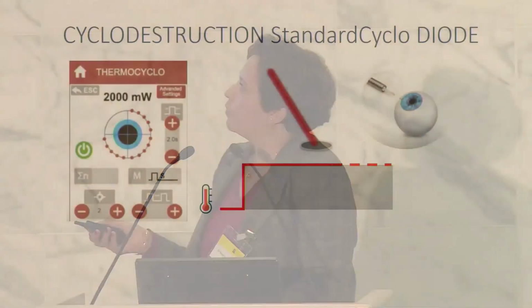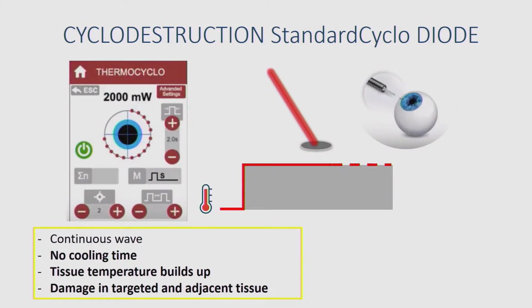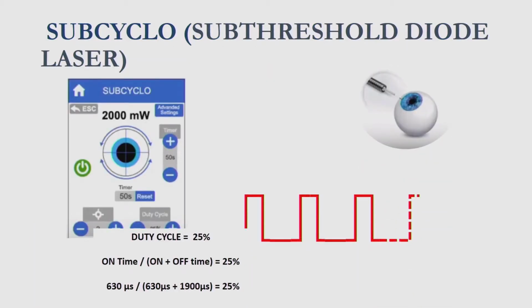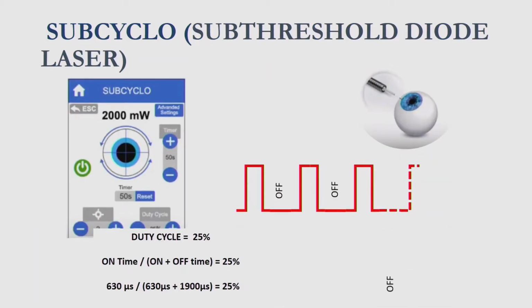In contrast to conventional cyclophotocoagulation, where a continuous wave of high intensity is delivered, SubCyclo produces ultra short and repetitive pulses.